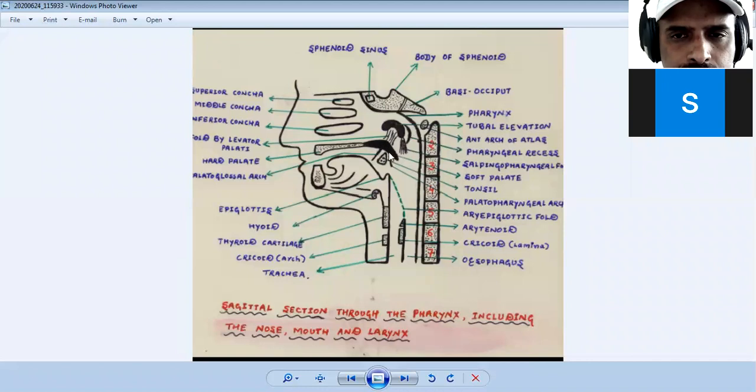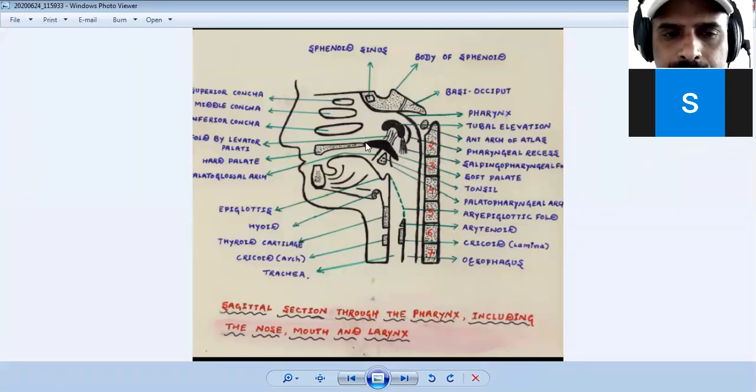This is the soft palate and this is the hard palate. You have to remember this lower border of the soft palate: the upper part of the pharynx situated behind the nose, up to the lower border of the soft palate, is all included as the nasopharynx.